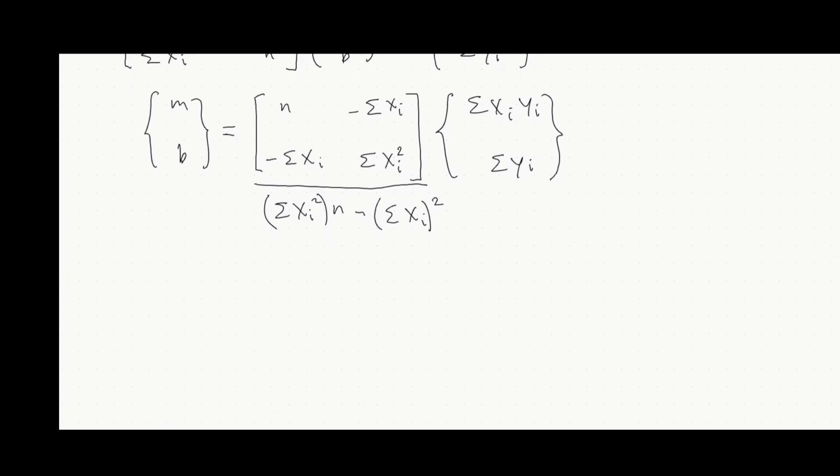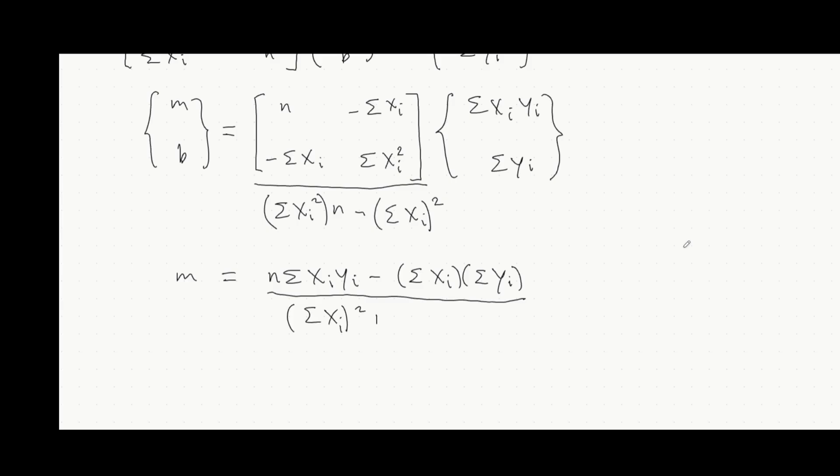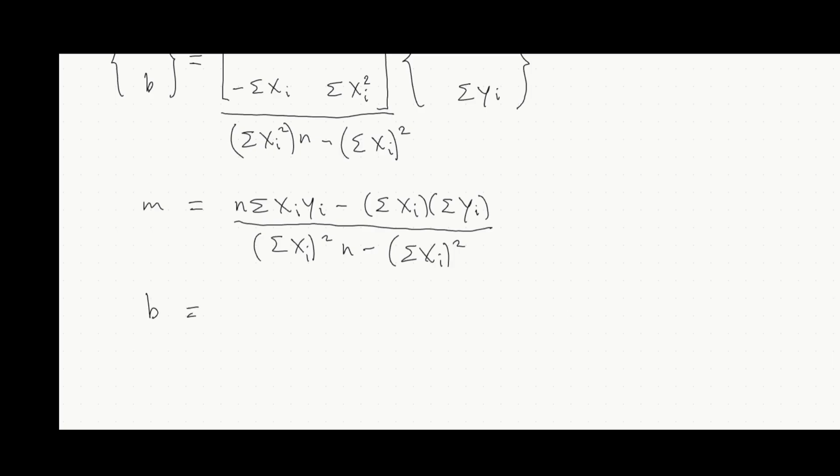And so now, just continuing to solve this for m and b. For m, we're going to have n times the sum of xi yi minus the sum of xi times the sum of yi, all over this determinant, and for b we get, all over.